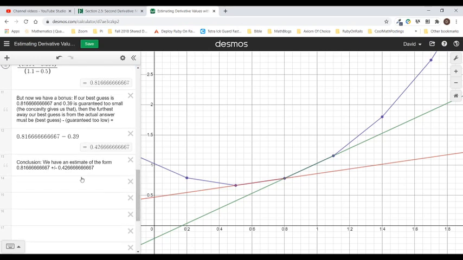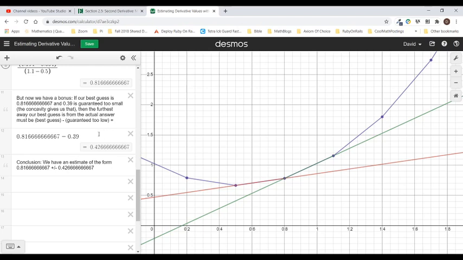So here I'm going to take my best guess and subtract a number that's far enough away that I know I've gone past the actual answer. So the distance between our best guess and our lower bound is at most 0.42666666.